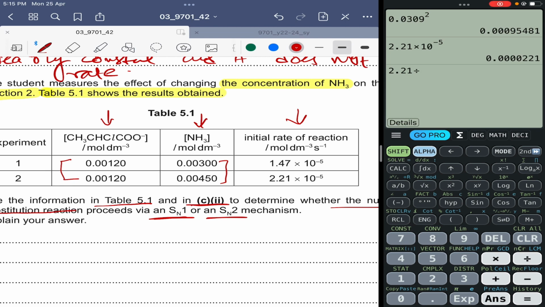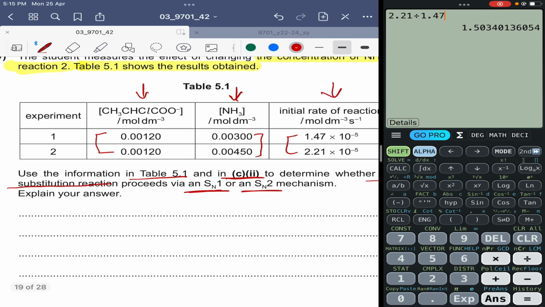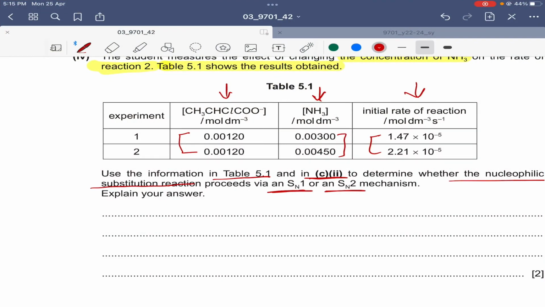So this is 2.21 divided by 1.47, which is again 1.5. Powers would be cancelled out. So the rate of reaction is also increasing by 1.5 times. So that means the order with respect to ammonia is also first order, right?